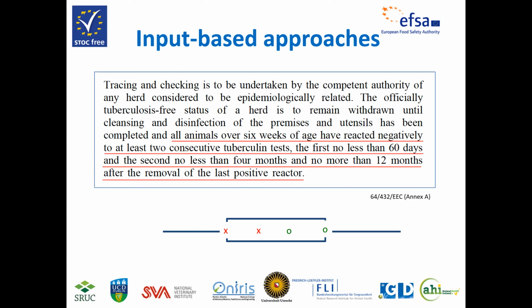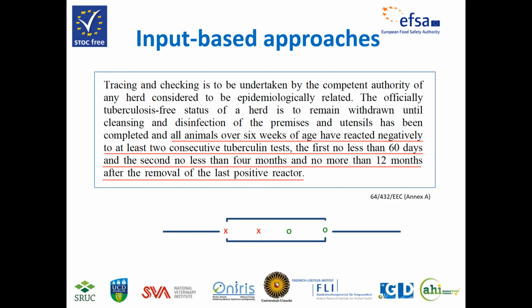bovine tuberculosis. Just to give you a context, when TB is detected within a herd, the herd is restricted and unable to trade while efforts are undertaken to detect and to remove infection. And the focus here is on the steps that need to be taken once that has been done to enable the herd to return to trade and to regain official TB-free status.